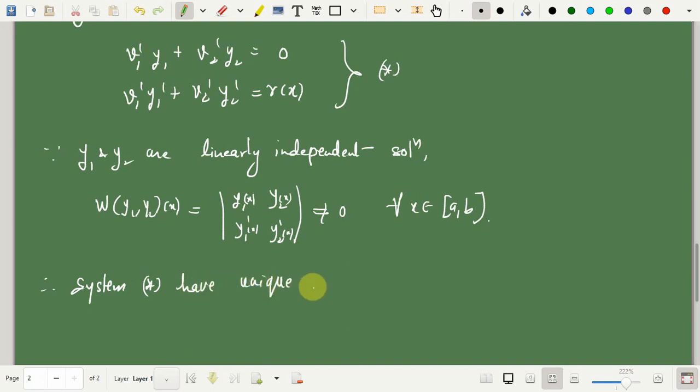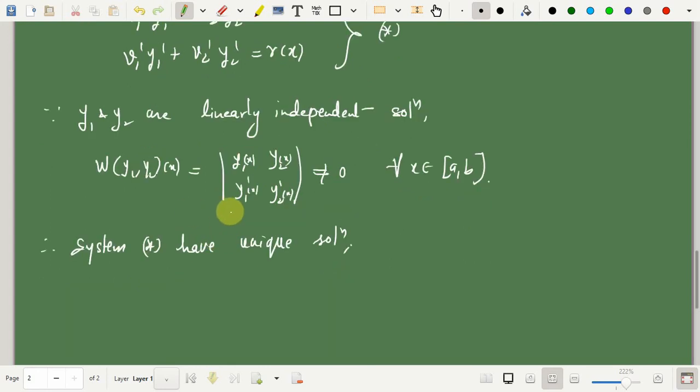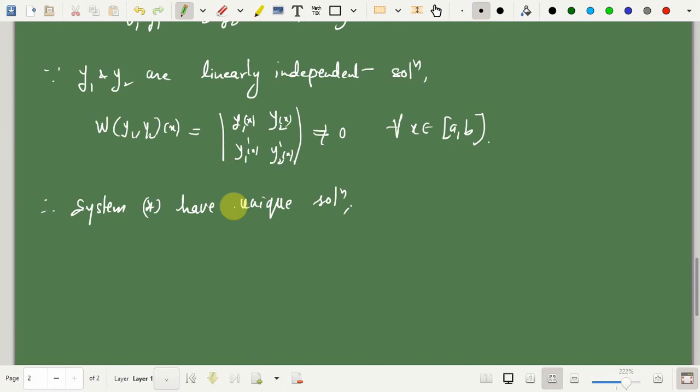And since it's a 2 by 2 system, we can solve it using Cramer's rule, because the Wronskian, this determinant which appears in the denominator, is non-zero.